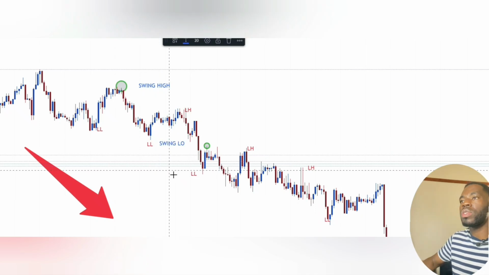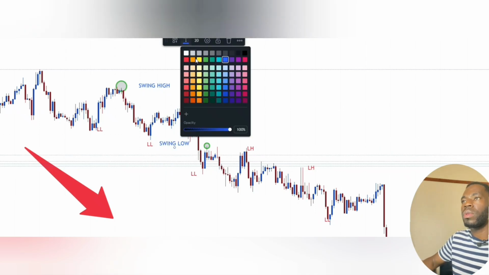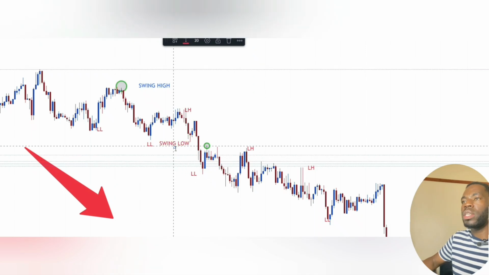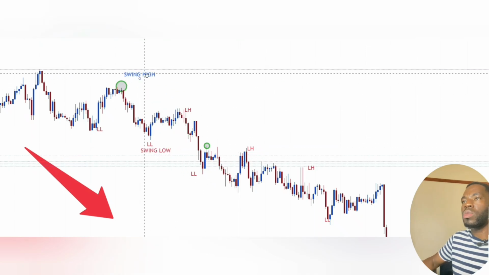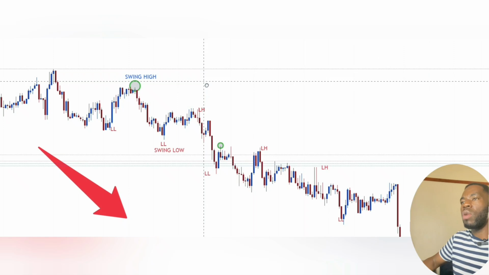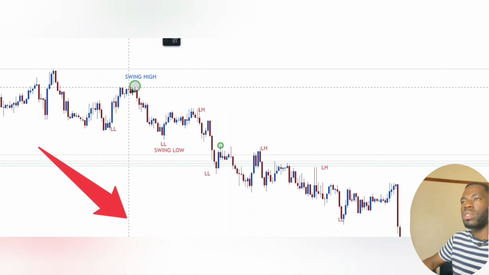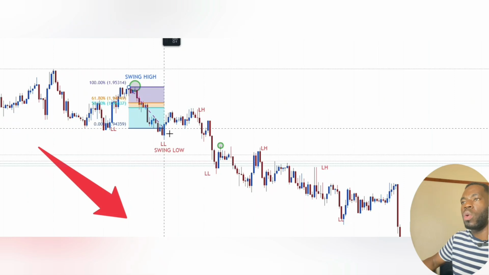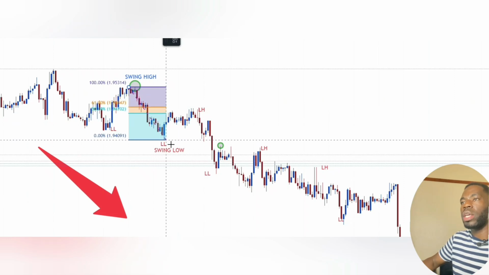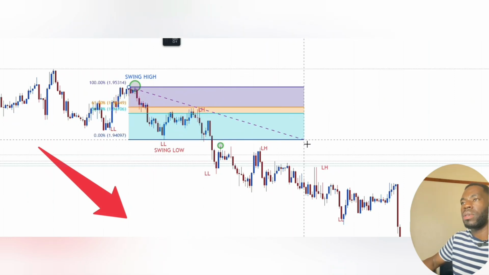The most recent, consider the most recent. So our swing low is this one. Our swing high is this price over here. So in a downtrend, we are looking to drag our tool from the swing high, this price over here, to the swing low, this price over here. And then we drag it to the right, like that.